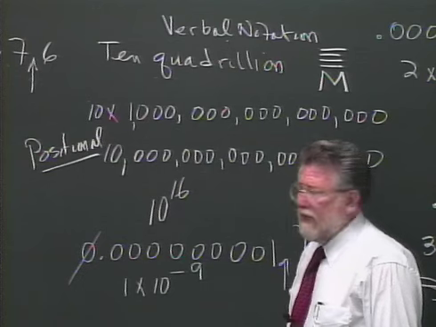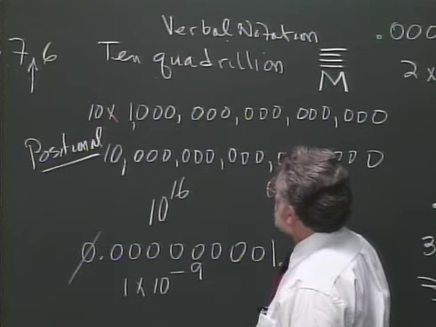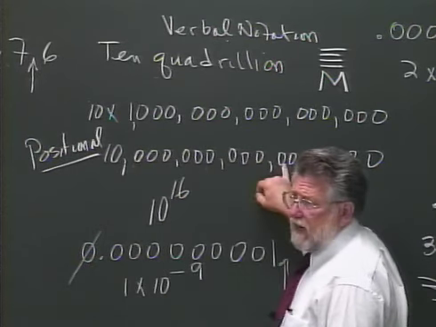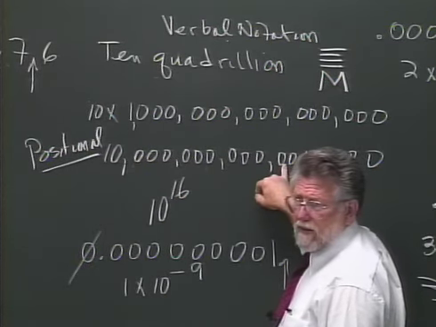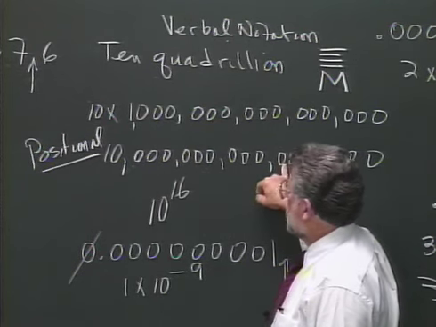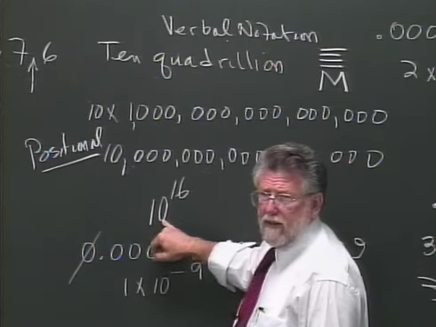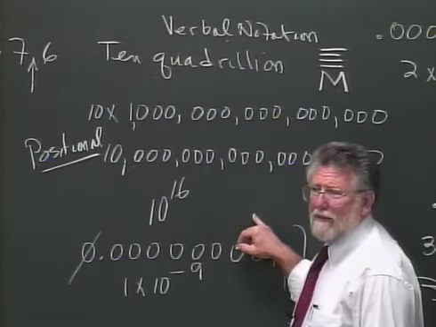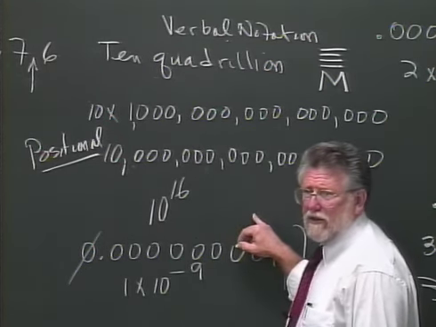Now what else I do here sometimes is say, write this as a product of tens. So if I were to do that, I'd write what? 10 times 10 times 10 times 10 for how many times? 16 factors.